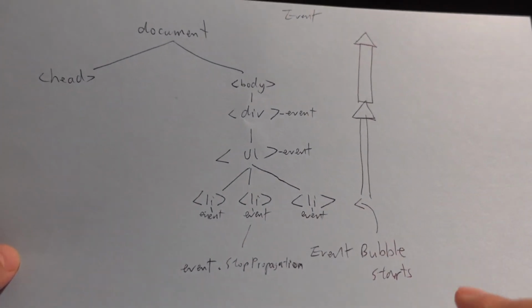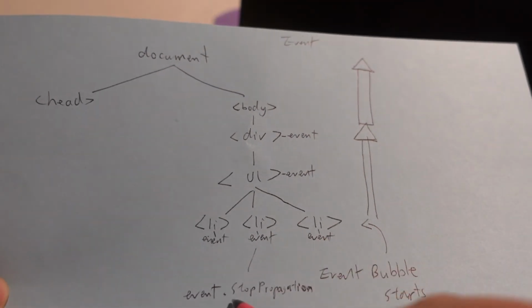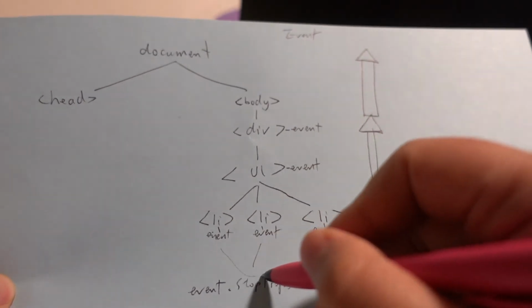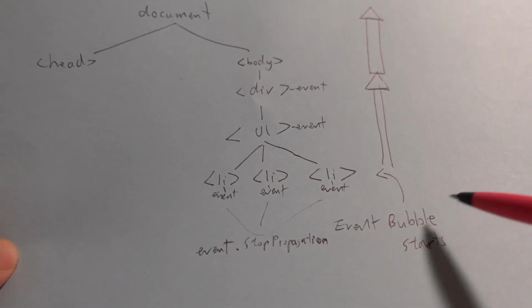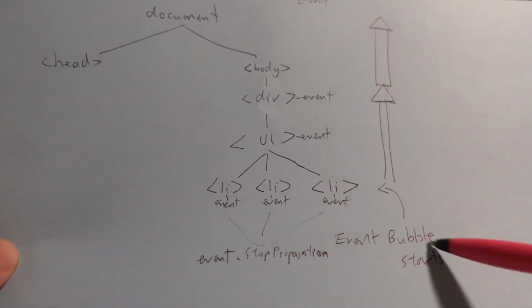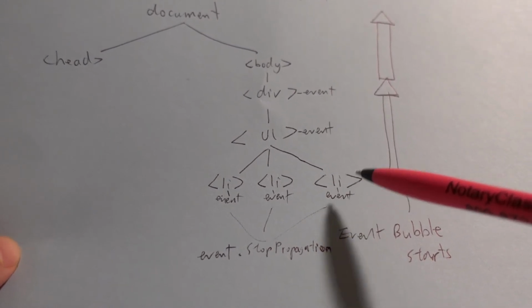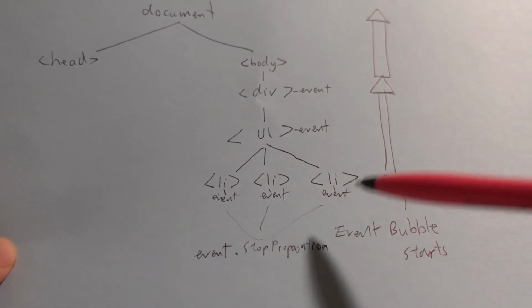What happened here is that we register the event.stopPropagation on all the list items here. So when the event bubble starts, remember it starts from the bottom, it looks for the li event, the list item event. Do we have any events in there? Yes, we do. We have a click event and that triggers.